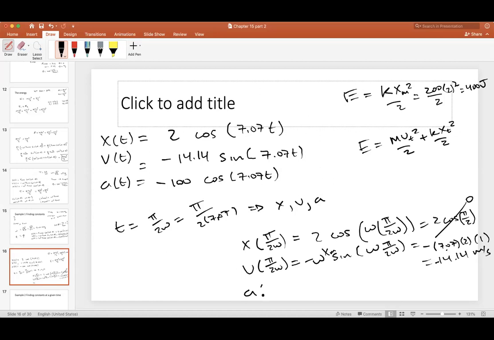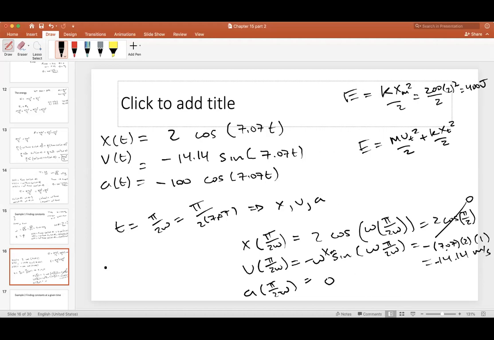And then a at pi over 2 omega is, again, I don't even have to do this. I can just look at cosine of omega times pi over 2 omega, which is cosine of pi over 2, so this is 0.